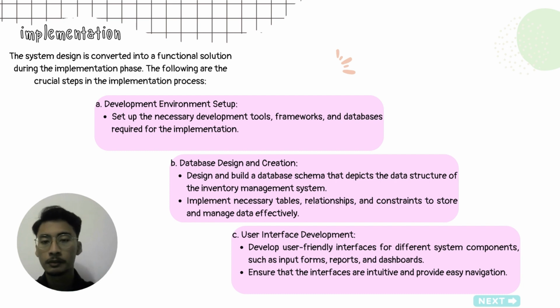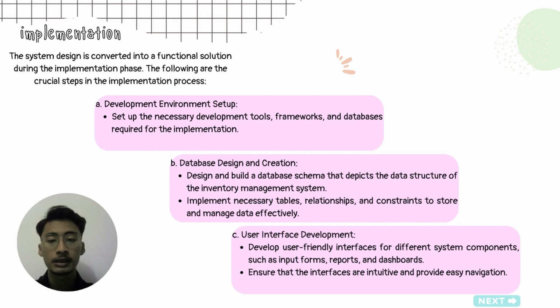Right now, I will present about the implementation. The system design is converted into a functional solution during the implementation phase. Following are the crucial steps in the implementation process. Point A is development environment setup, which is to set up the necessary development tools, frameworks, and databases required for the implementation.